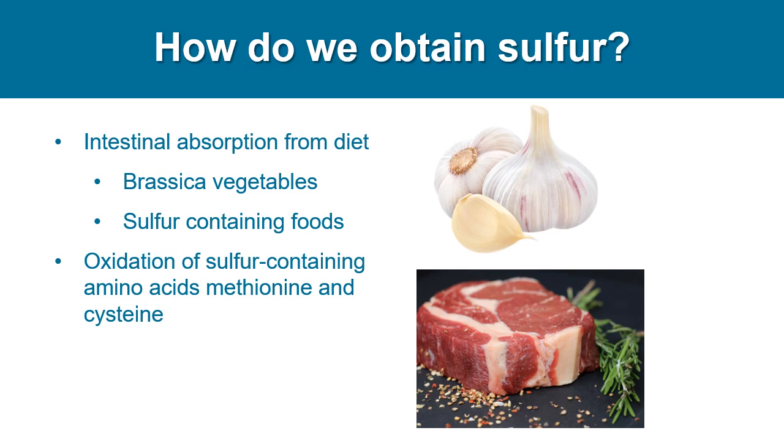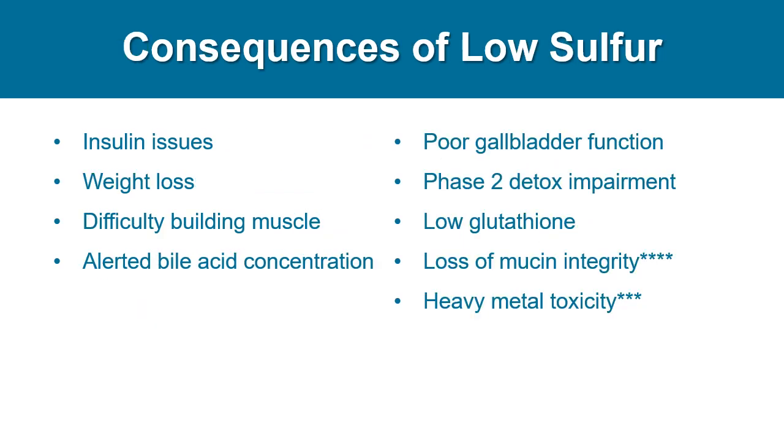We have brassica vegetables and alliums, things like garlic and onions, and more so cabbage, broccoli, Brussels sprouts, and then other sulfur-containing foods, even your meats as well. We do need oxidation of sulfur-containing amino acids, and that's where you get the methionine, from animal products. So your body needs sulfur, and when we talk about losing sulfur, we're talking about something really serious.